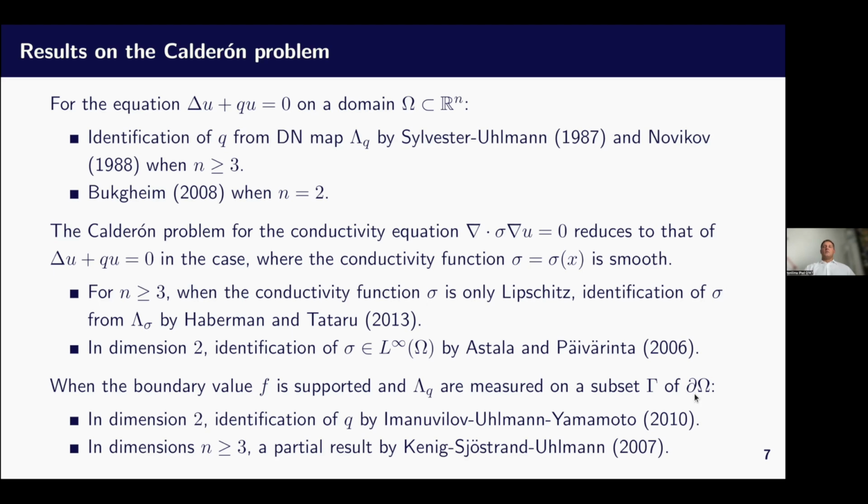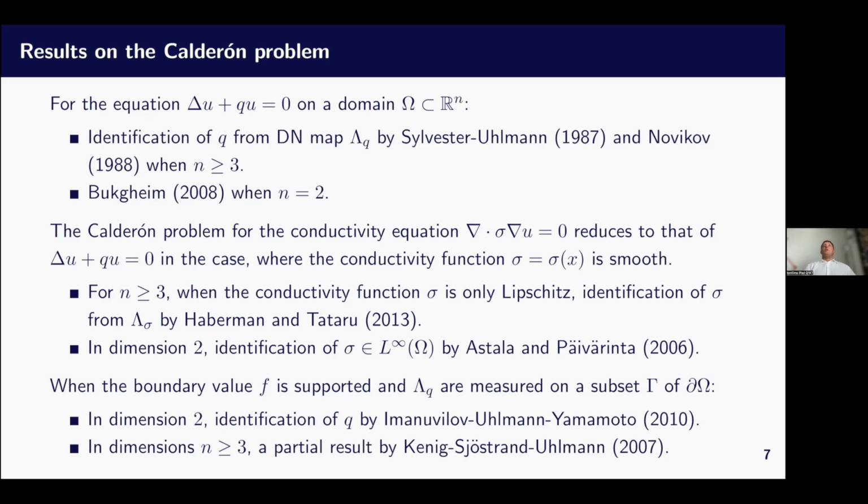In this case, called the partial data problem, in dimension 2, this problem was solved by Imanuvilov, Uhlmann, and Yamamoto in 2010. But in dimensions n is 3 and higher, there's only a partial result by Kenig, Sjöstrand, and Uhlmann. In my opinion, this result is still quite far away from solving the partial data problem, even in R^n, completely.